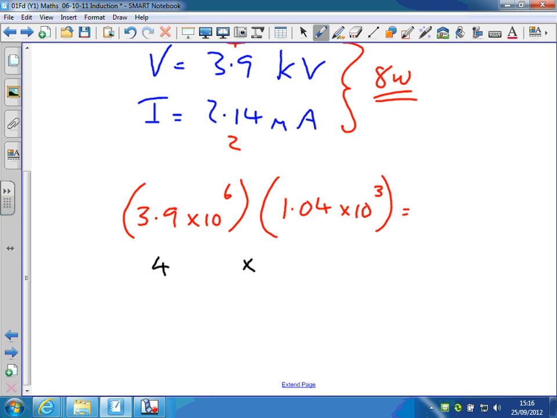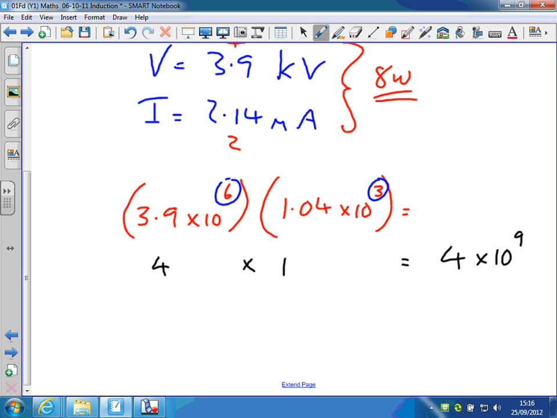I round that to 1. So the answer is going to be roughly 4. This is times 10 to the 6. This is times 10 to the 3. And as we'll see, when you multiply, you add the powers. So 6 plus 3 is 9, I would expect. So now when I do it on the calculator, I'm going to expect some number around about the 4 mark and a power of roughly 10 to the 9.